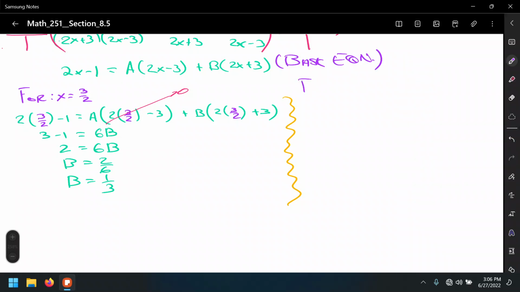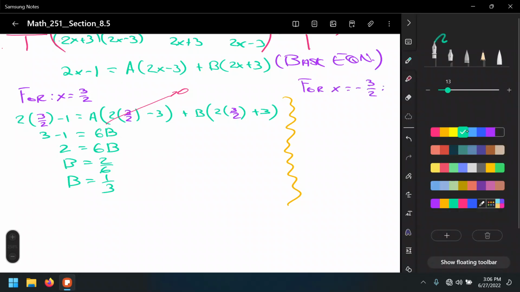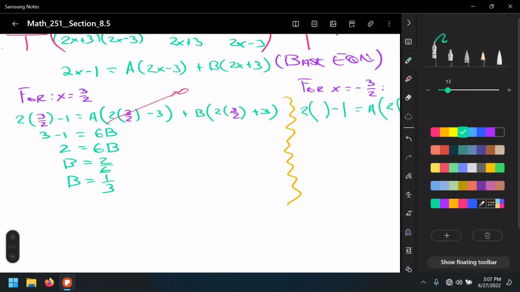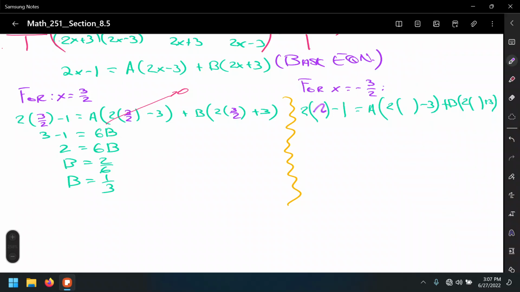So for x equals negative 3/2, let's do 2 times negative 3/2 minus 1 equals a times 2 times negative 3/2 minus 3 plus b times 2 times negative 3/2 plus 3. All right, so let's write down that negative 3/2.